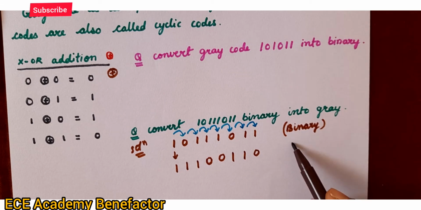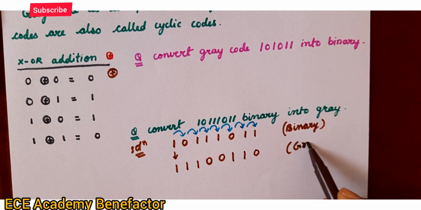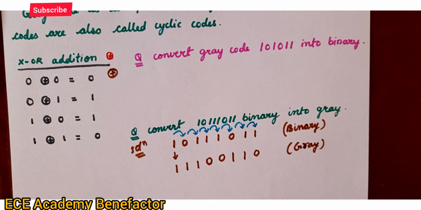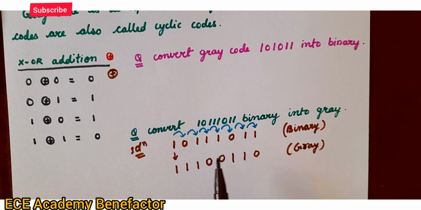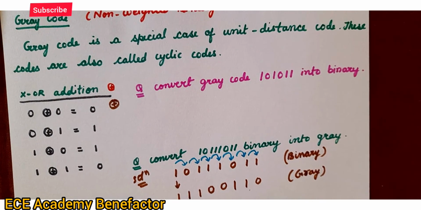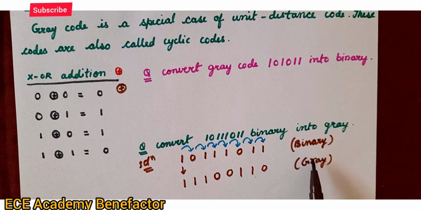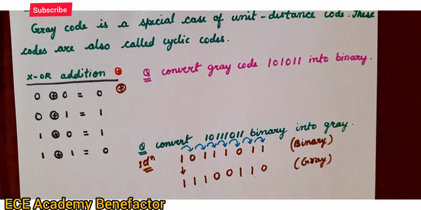Okay. So, we got the Gray code. So, when we are doing binary to Gray conversion, we are doing sequentially XOR addition. The answer is triple 1 double 0 double 1 0. Okay. Now, for binary to Gray we are doing sequential XOR addition.